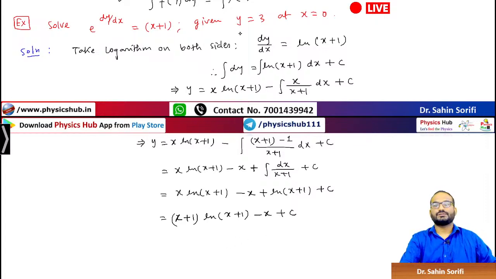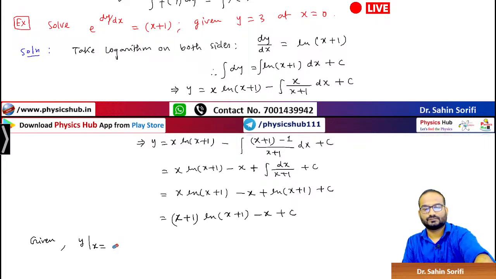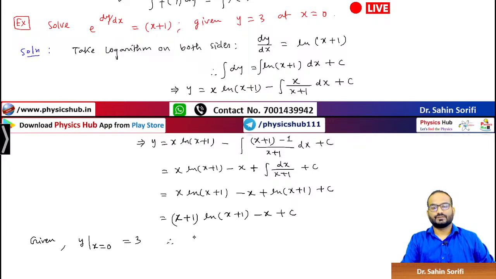Now use the given condition, y equals 3 at x equals 0. Putting x equals 0, we get 3 equals c. So the solution becomes y equals (x+1) ln(x+1) minus x plus 3.